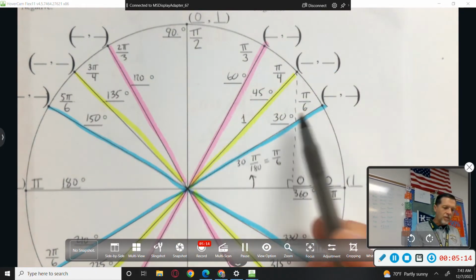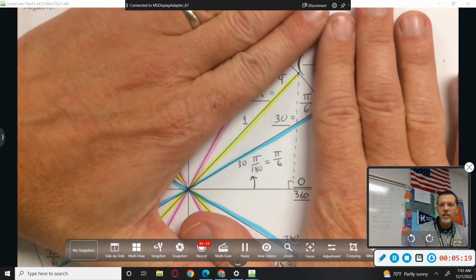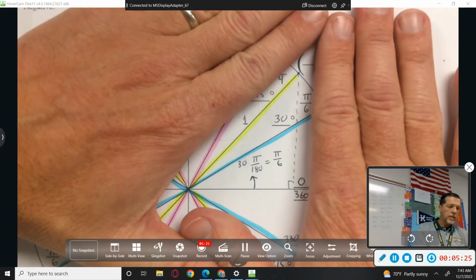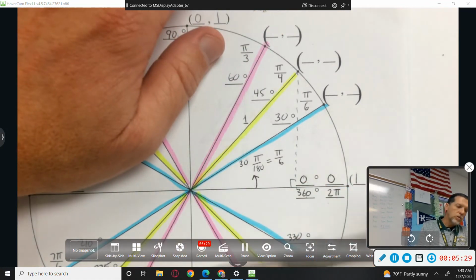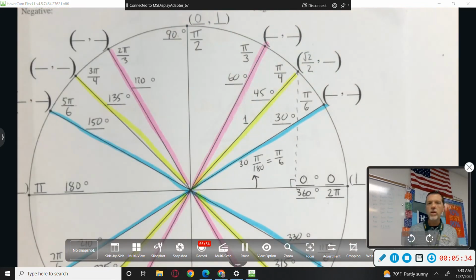Even though there's a whole bunch of other stuff going on, can you see that that's the same triangle we were just working with? It's 45, 45, 90. It has a hypotenuse of 1. And how long did we say this side was? Root 2 over 2, and that's the x coordinate. So root 2 over 2. And so those blanks are, again, not really blanks.